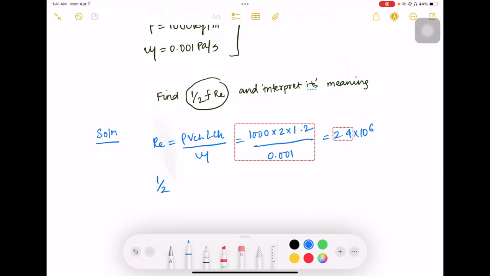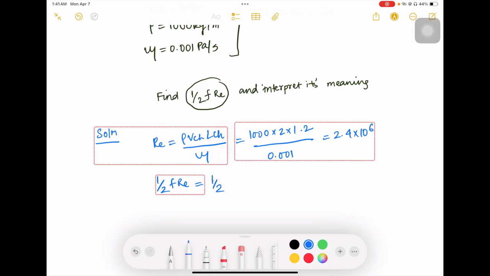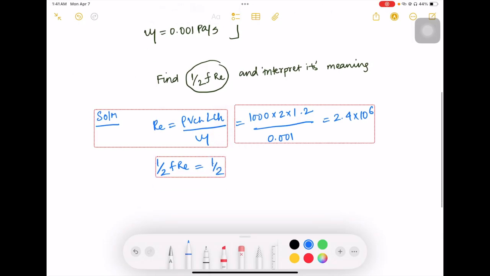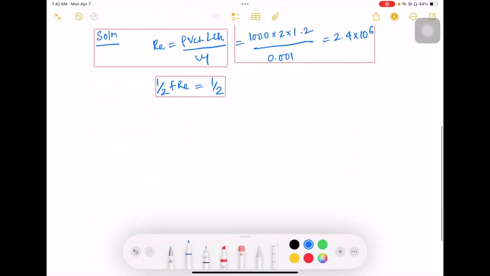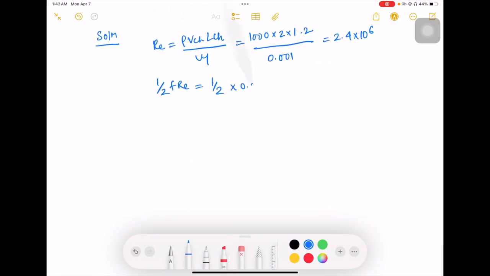So half F RE can be given as half into 0.04 into 2.4 into 10 to the power 6. That is 48,000. Right? So what does that actually mean?